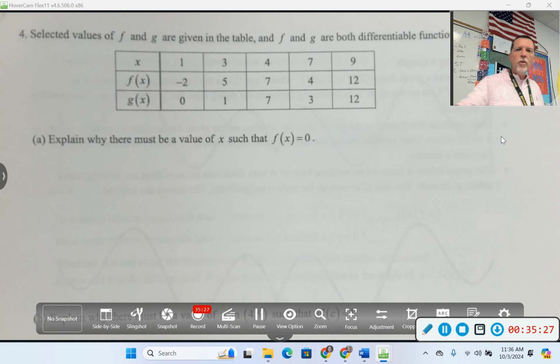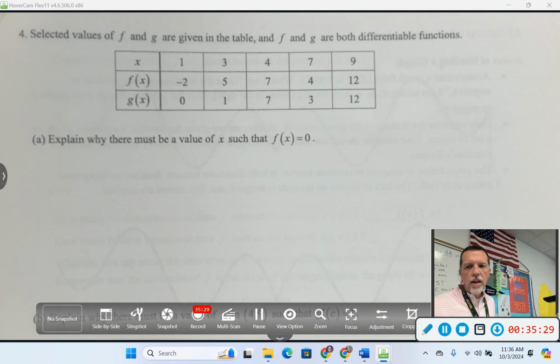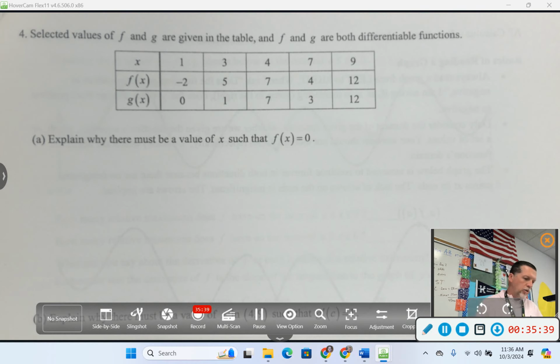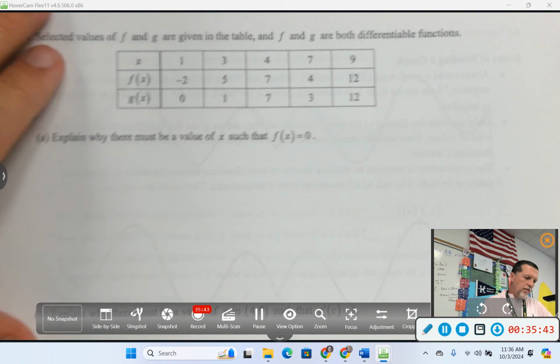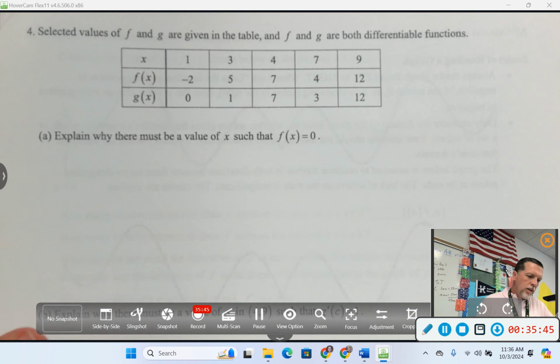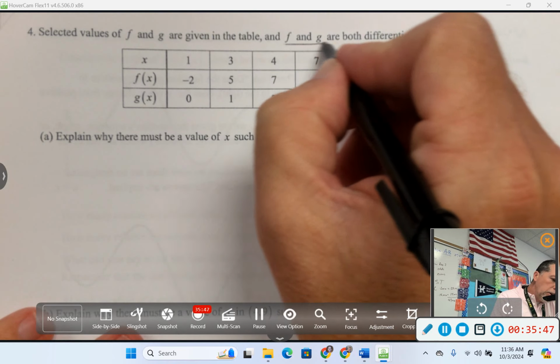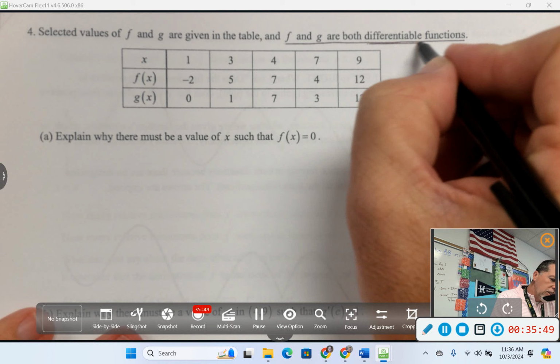Okay, number 4, we got a table. Good news and bad, right? I won't need to know derivatives of equations because there aren't any equations. I'll just have to get my values off the table. Selected values of f and g are given in the table. F and g are both differentiable functions.